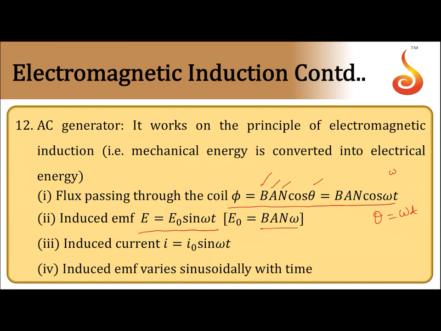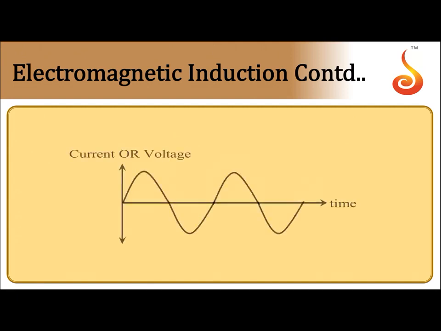Then induced current I is equal to I naught sin omega t, where I naught is E naught divided by R, R is resistance of the coil. So I naught will be equal to E naught divided by R. Induced EMF varies sinusoidally with time. So this will be the variation of current or voltage in AC generator.